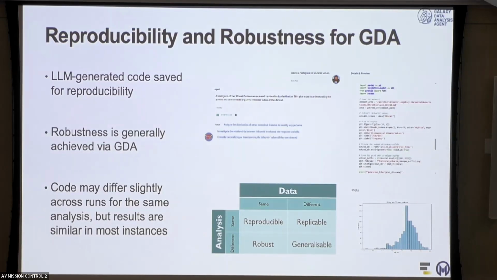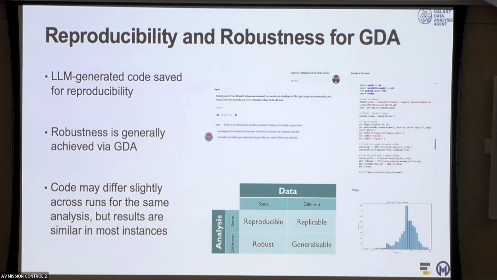But when we think about this from a scientific standpoint, there's been a discussion over the last couple of years about reproducibility versus robustness when it comes to data analyses. Reproducibility is precise reproducibility for a particular data set and a particular analysis. Robustness is the concept that you could use different methods on the same type of data and get similar results.